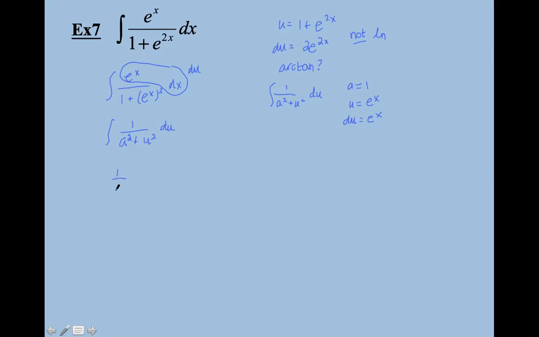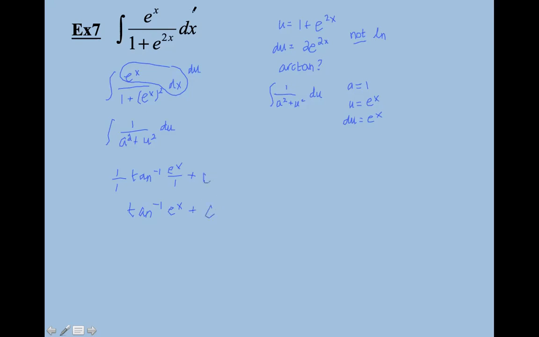So 1 over 1 arctan. And then we have u over a, so e to the x over 1 plus c, or just the arctan of e to the x plus c.